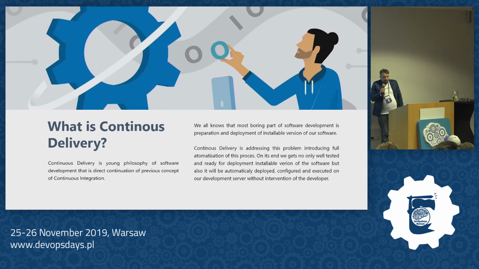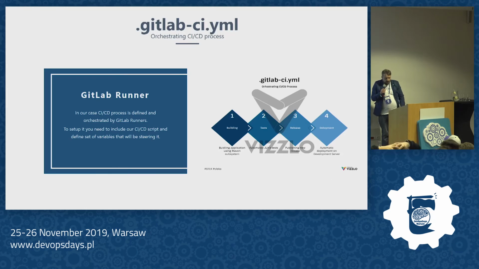So we found out that continuous delivery is the answer for our needs. We are using GitLab Runner as the solution, but you can use other technology that is orchestrating CI/CD platform.